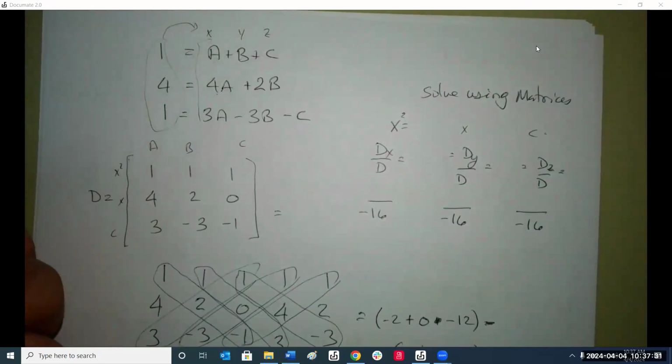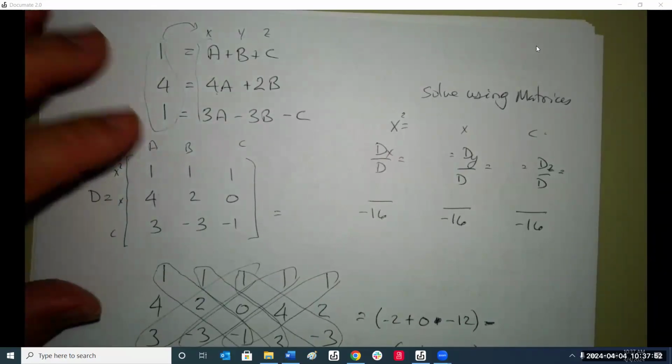So 1 times 2 is 2 plus 0 minus 4. This is -14 minus -2 is -12.